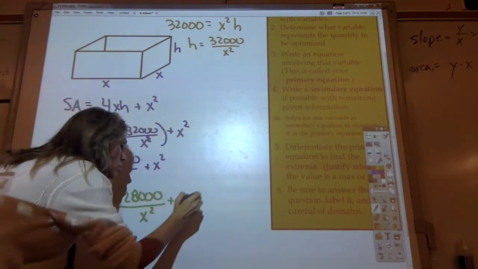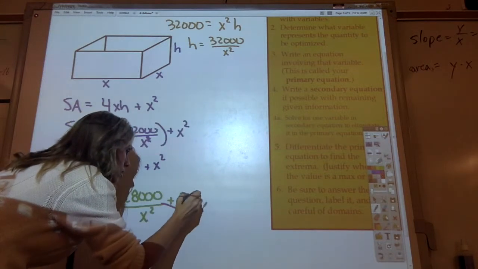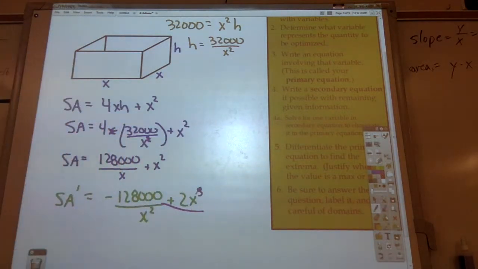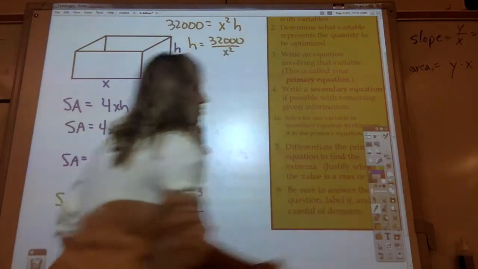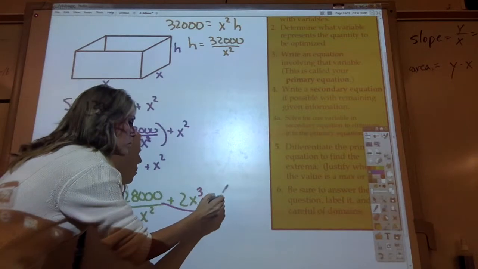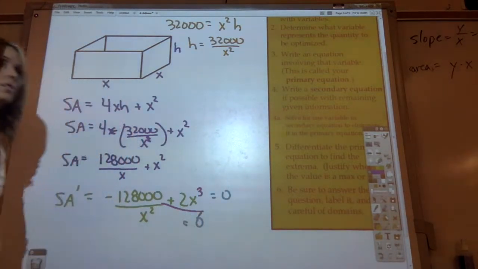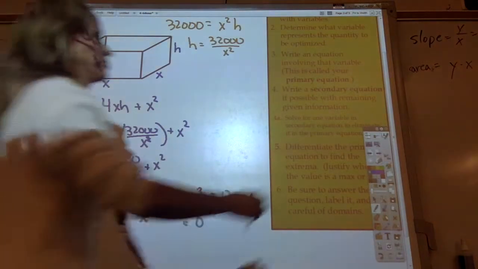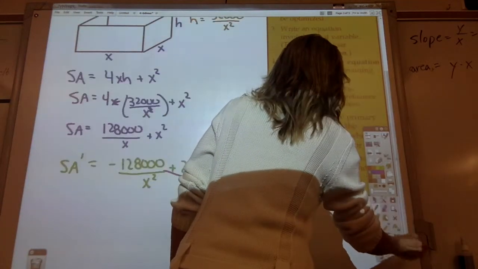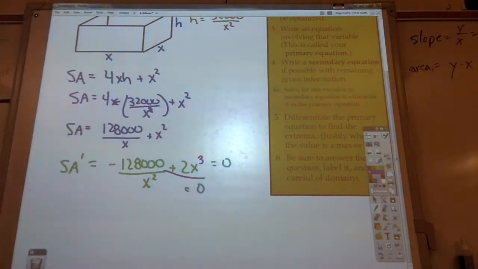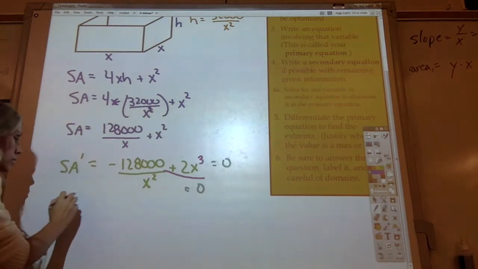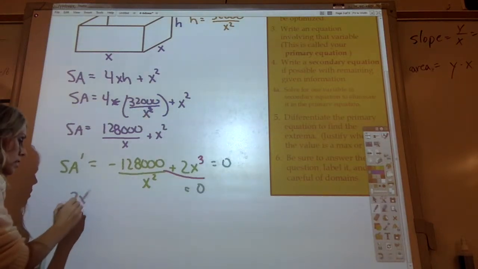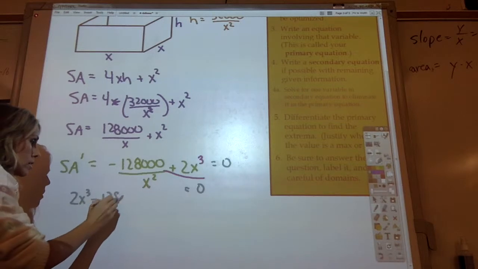So what I do want to do is get a common denominator, so that now, to find my critical numbers, I can set the top equal to 0 and set the bottom equal to 0. All right, so on the top, I'm going to swing the 128,000 over to the other side. 64,000.